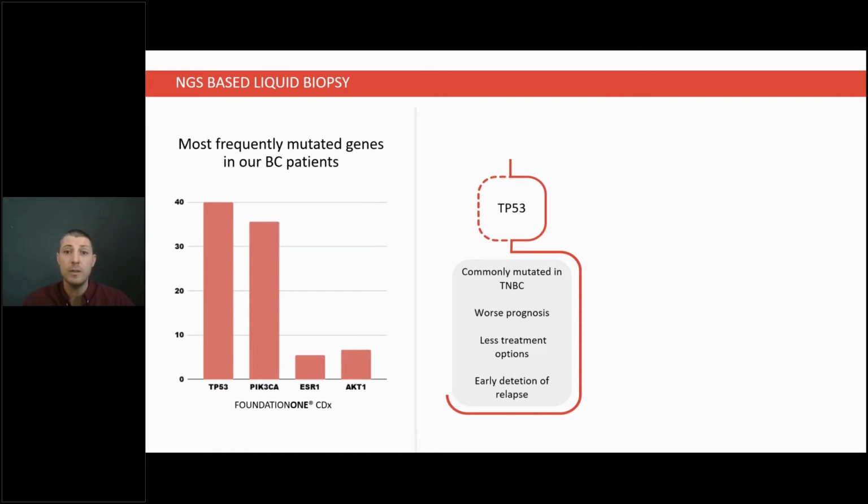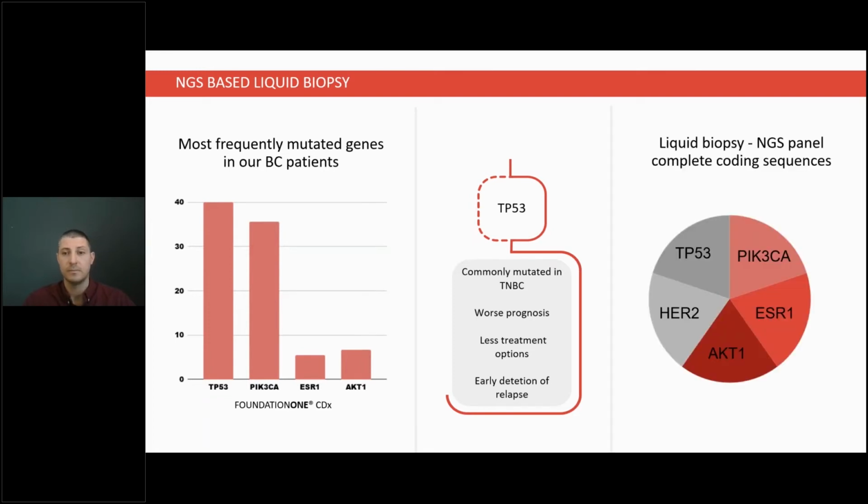TP53 is commonly mutated in triple-negative breast cancer, and triple-negative breast cancer is associated with a worse prognosis and also with fewer treatment options. And therefore, one aim is to see TP53 mutations to be able to detect cancer recurrence early.